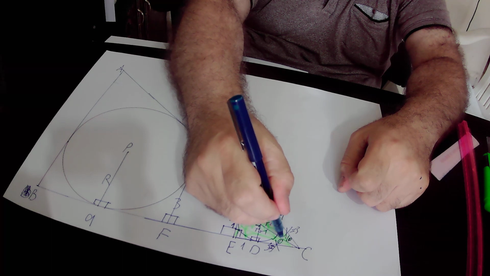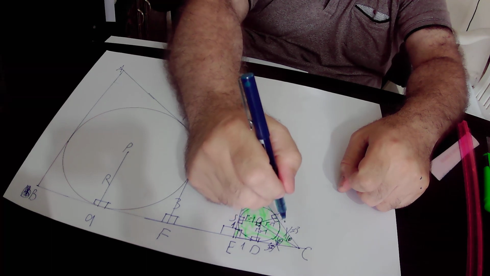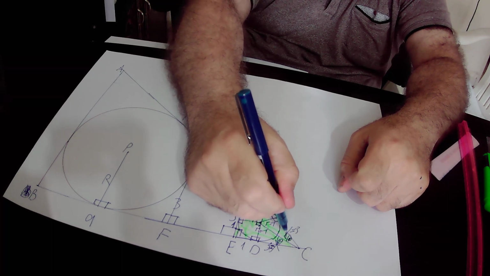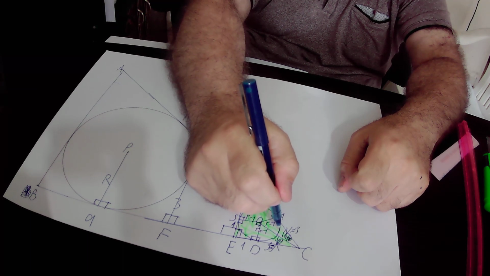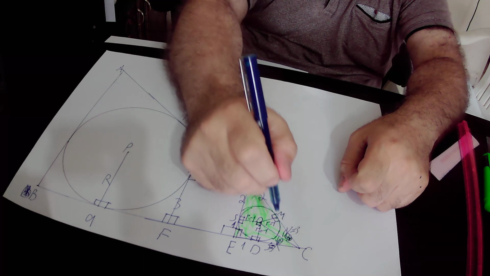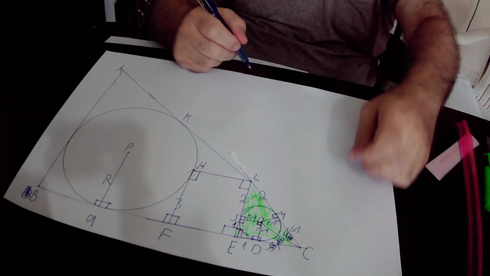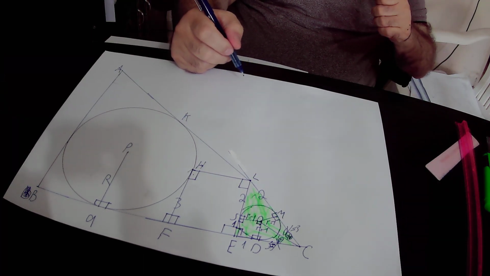Okay? So both of those two angles are equal to theta according to the rule that corresponding angles in congruent triangles are equal to each other. Okay?